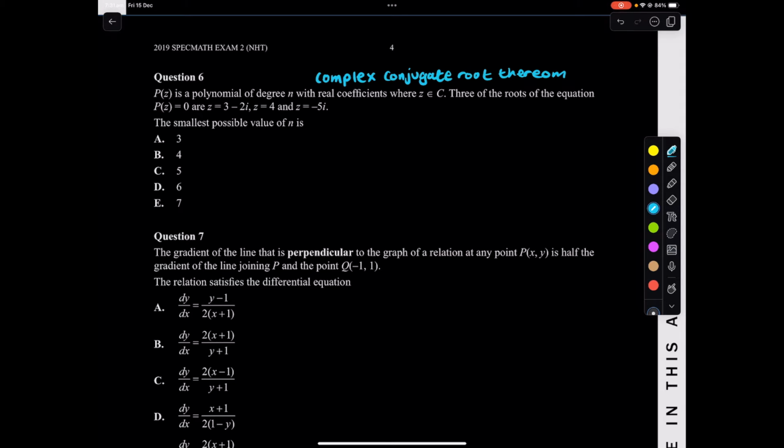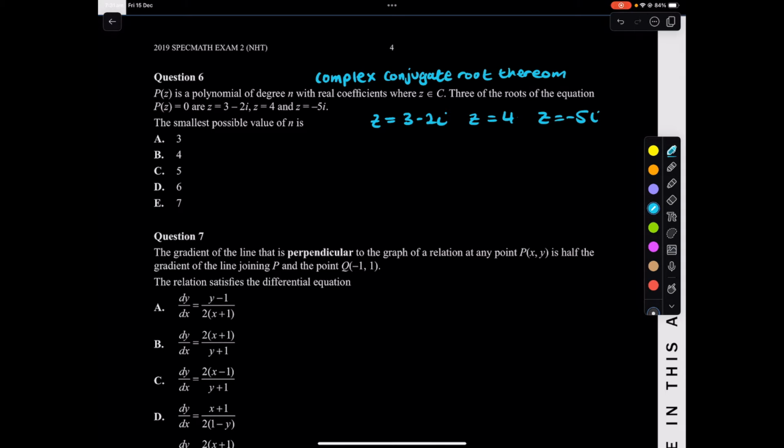So P of Z is a polynomial of degree n with real coefficients where Z is an element of the complex plane. 3 of the roots of the equation are these. So we have Z equals 3 minus 2i, Z equals 4, which we can write as 4 plus 0i, and Z is equal to -5i.